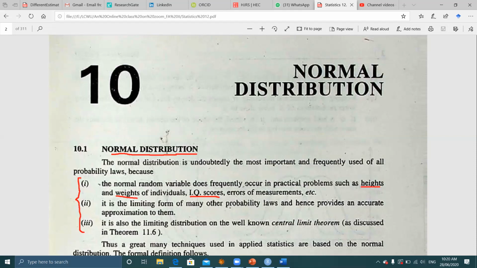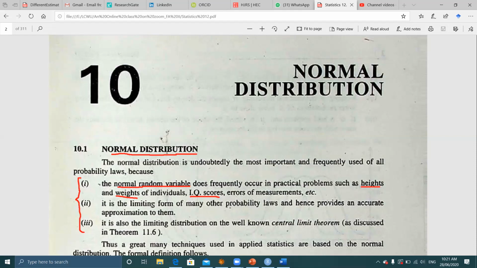If a variable is of continuous type, then normal random variable is appropriate to find the probabilities. So normal distribution would be applied on those types of variables. So it's an appropriate distribution for such variables.